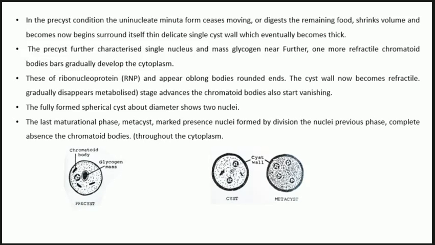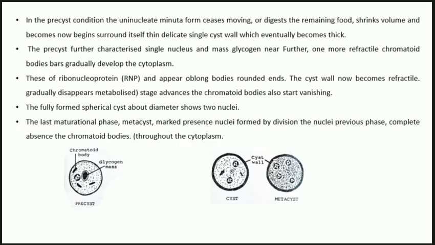So in the precyst condition, the uninucleated minuta form, see the diagram there. What happens in the precyst, then the cyst and then the metacyst? In the precyst condition, the uninucleated minuta form stops ingesting food and digests the remaining food, shrinks in volume and begins to surround itself.